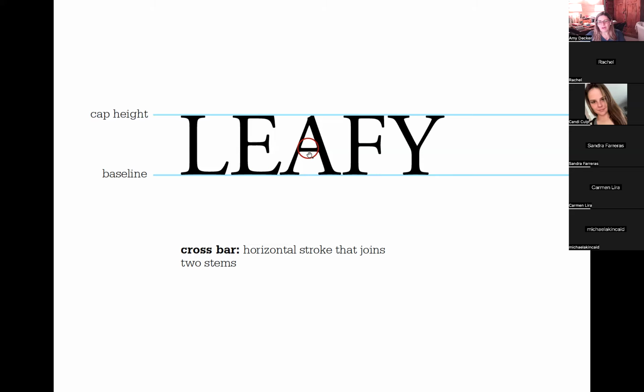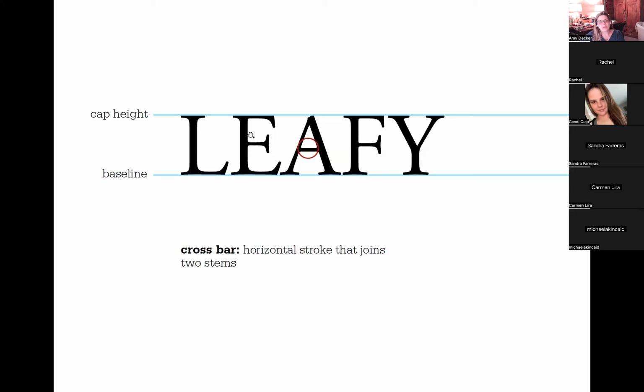The crossbar is a horizontal stroke that joins two stems. So an A has a crossbar connecting the two pieces. Whereas the E and the F, especially when we're talking lowercase, have a cross stroke because it's not connecting. Actually, I take it back, we wouldn't call these legs. I'm not having enough caffeine today.